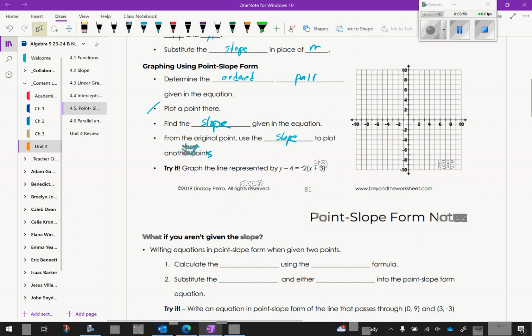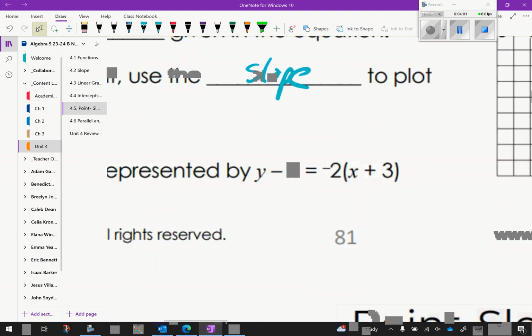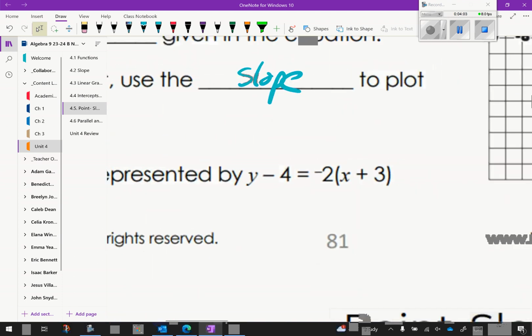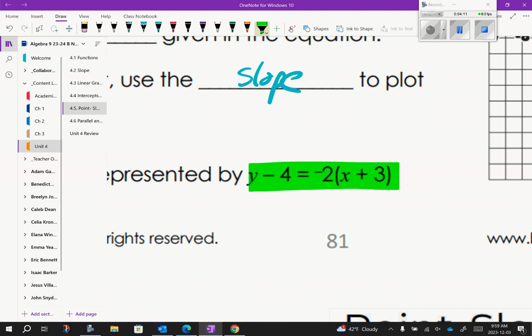All right, this kind of sneaks in down at the bottom here. Here is an equation in point slope form. It says y minus 4 equals negative 2 times the quantity x plus 3.